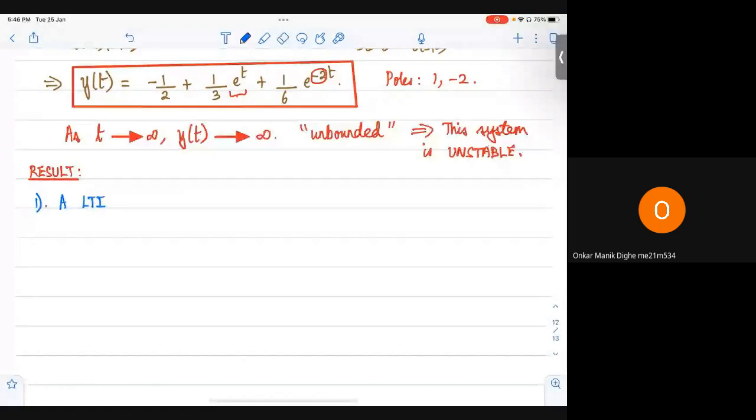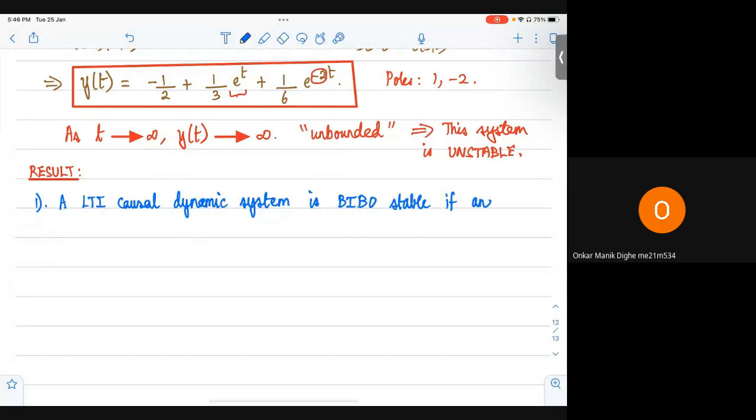An LTI causal dynamic system is BIBO stable if and only if all poles, I'm writing in caps, all poles of its transfer function lie in the left half of the complex plane.